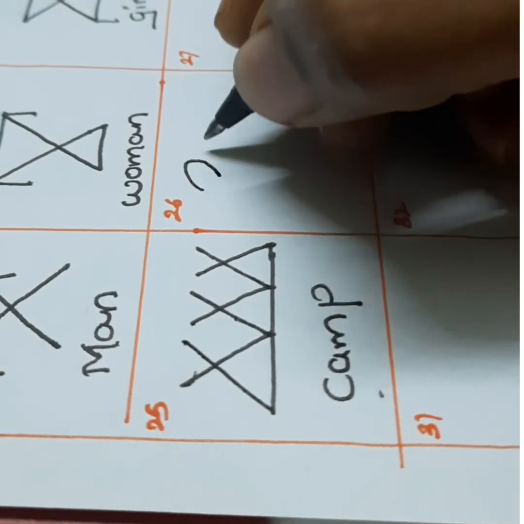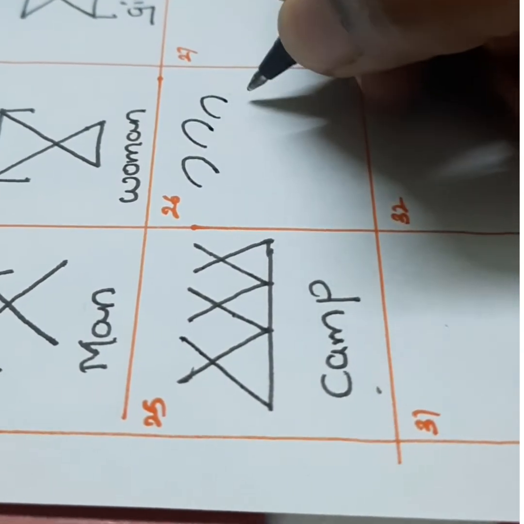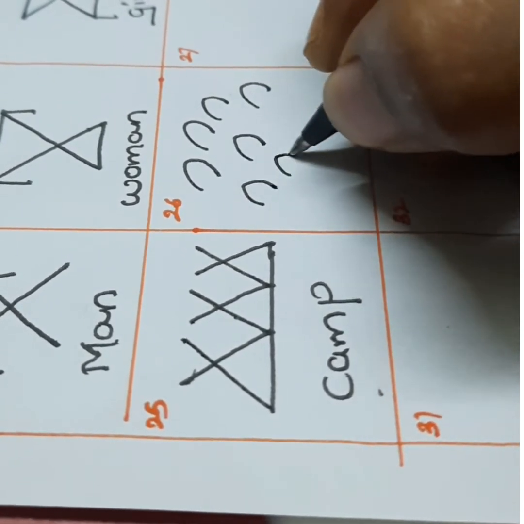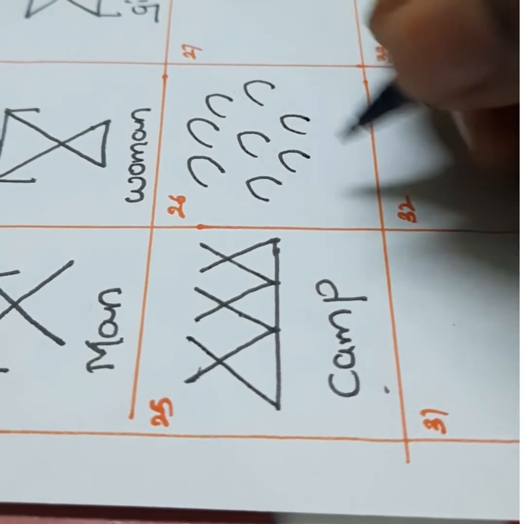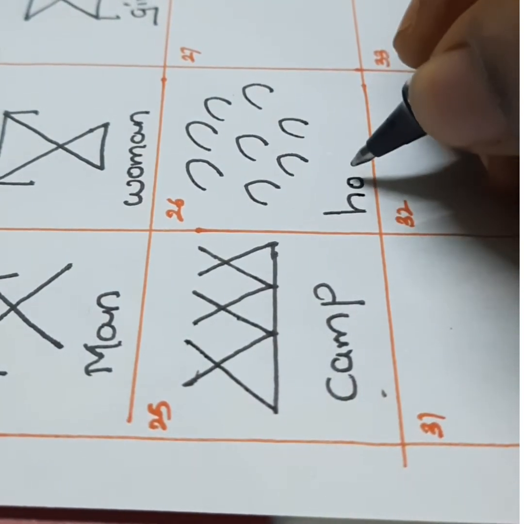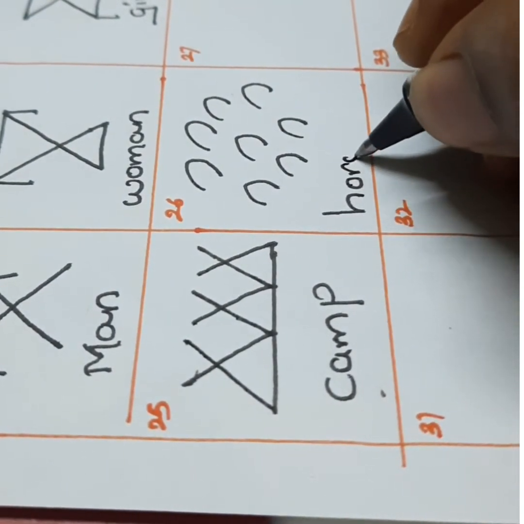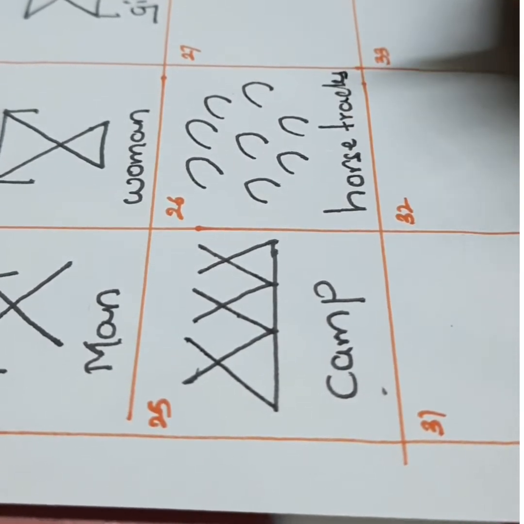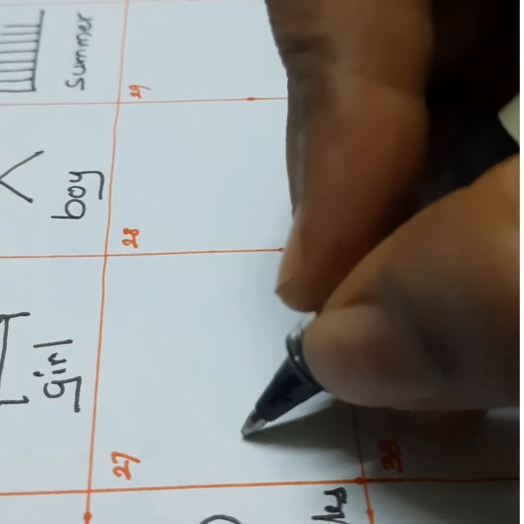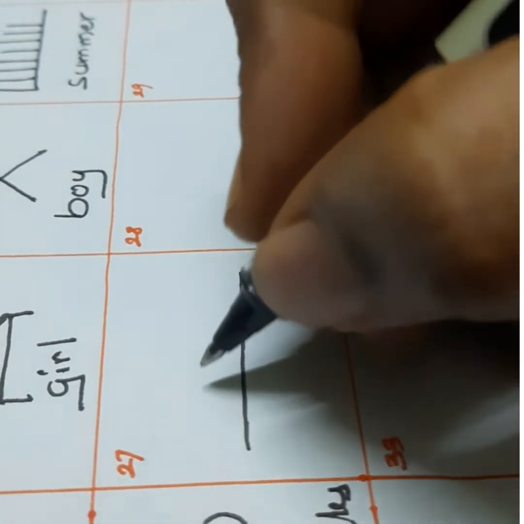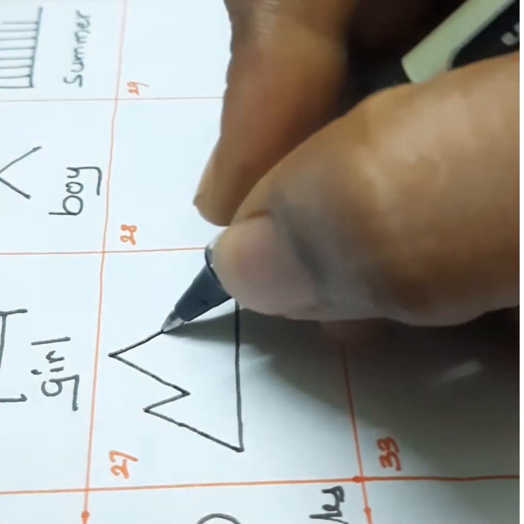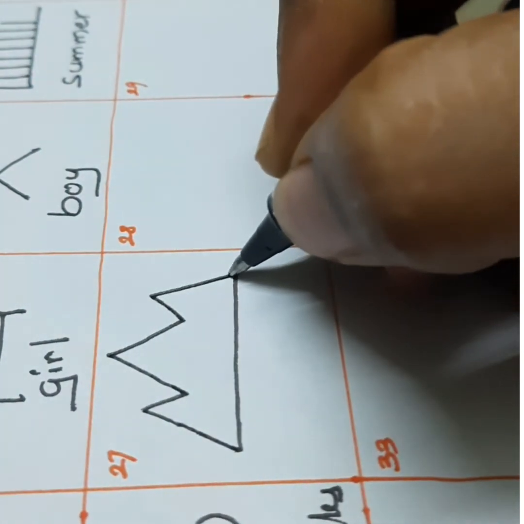Horse tracker, draw the small curves, means curve shape. Next one mountain, draw the sleeping line, draw the slanting lines, zigzag type. This is the mountain shape.